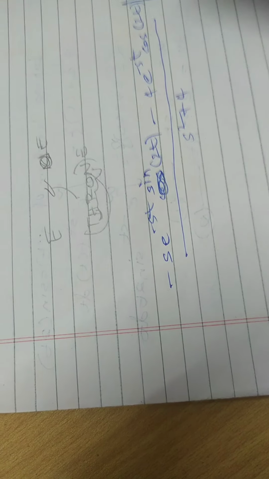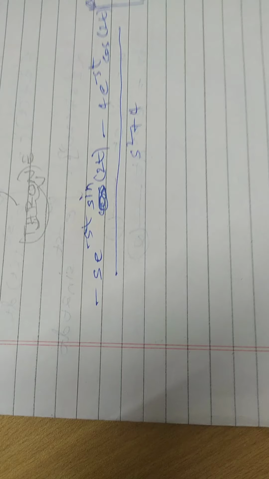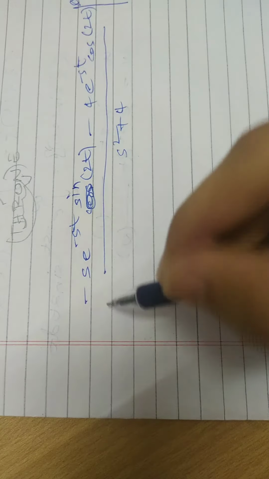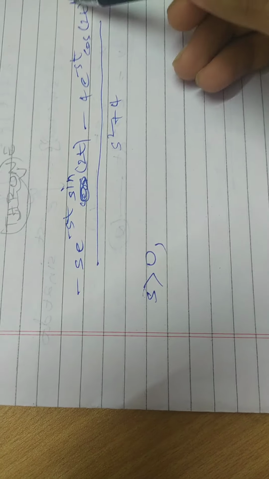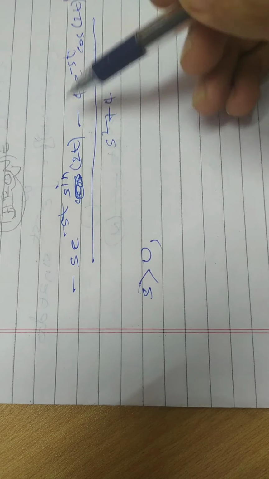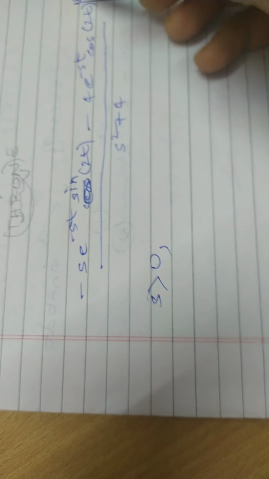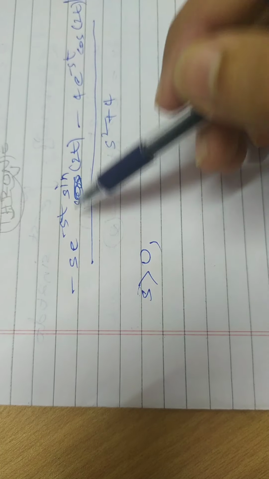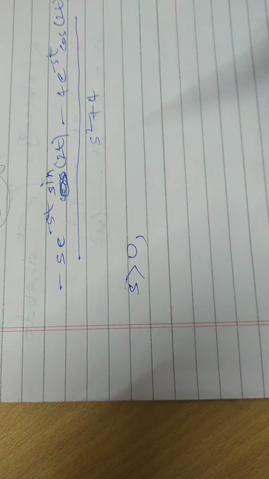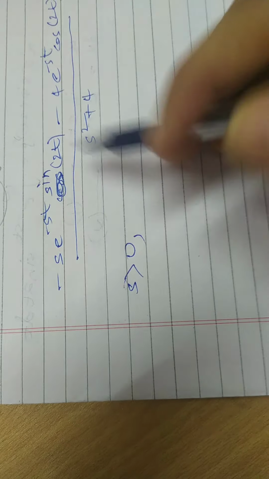This goes from 0 to infinity. Now, just like last time, if we assume s is greater than 0, then as t tends to infinity, e power minus st would tend to 0. So all the terms involving t at infinity will be 0, so if e power minus st is 0, then the term becomes 0.